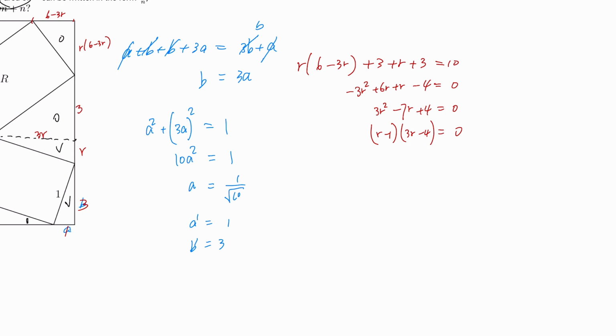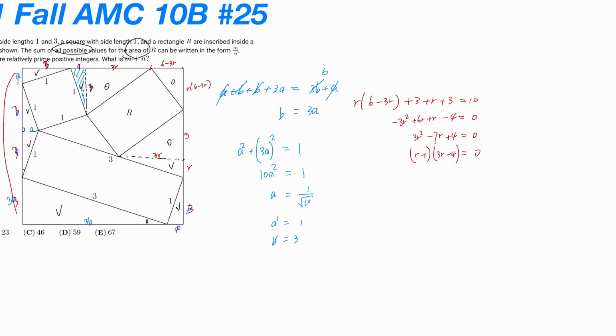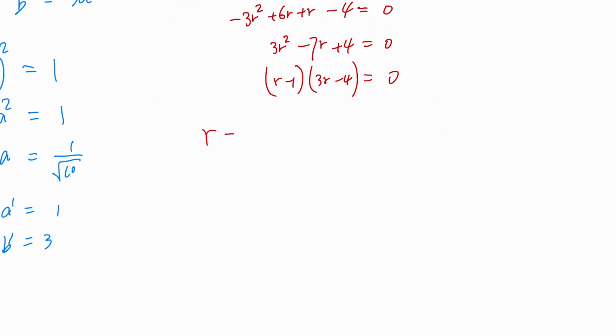And now you can see where the all possible values come into play, because both of these R values work. They just provide different values, but both of these, when plugged in, don't have any errors.